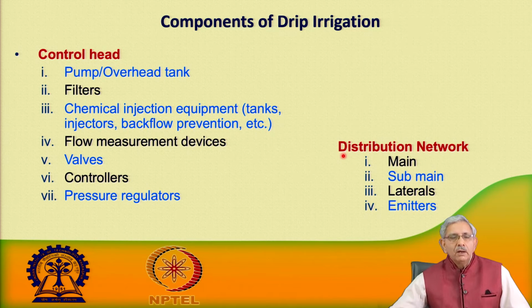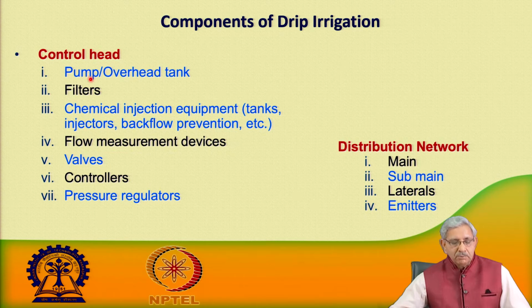Now, coming to the components of the drip irrigation system. A typical drip irrigation system consists of a control head and a distribution network. Control head means we are required to keep all these units under control.